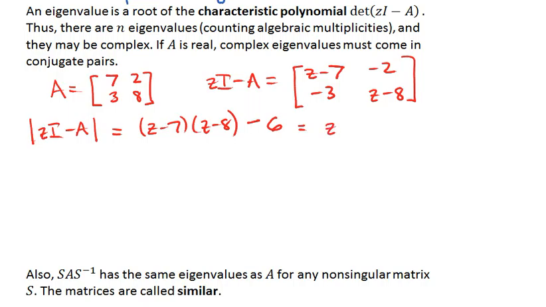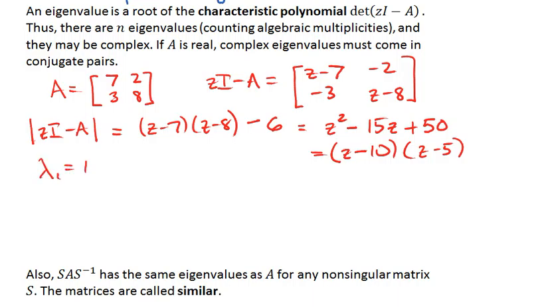So this whole thing is z squared minus 15z plus 50. The roots of that polynomial, it just so happens, factor easily into z minus 10 times z minus 5. So the eigenvalues are lambda 1 equals 10, lambda 2 equals 5.